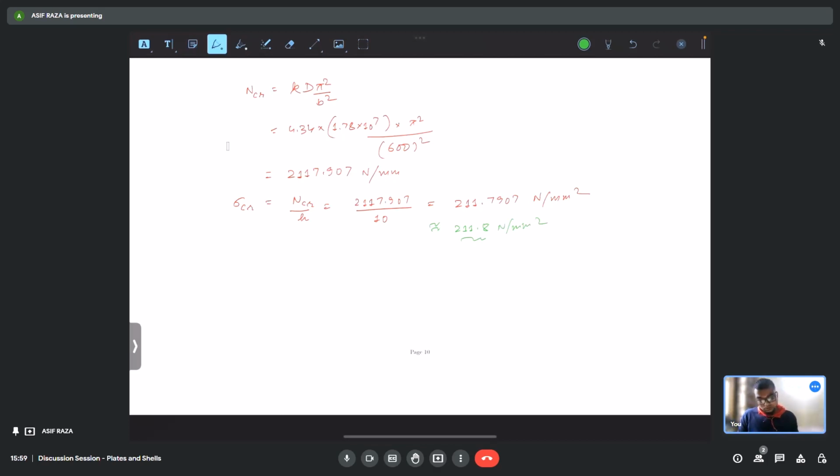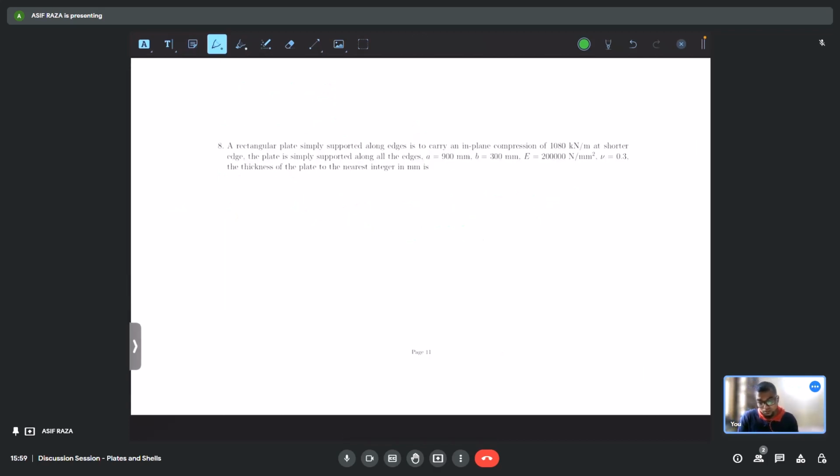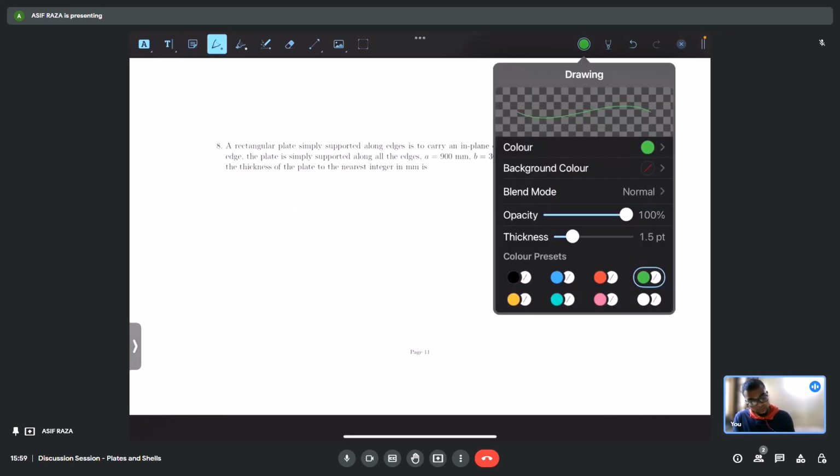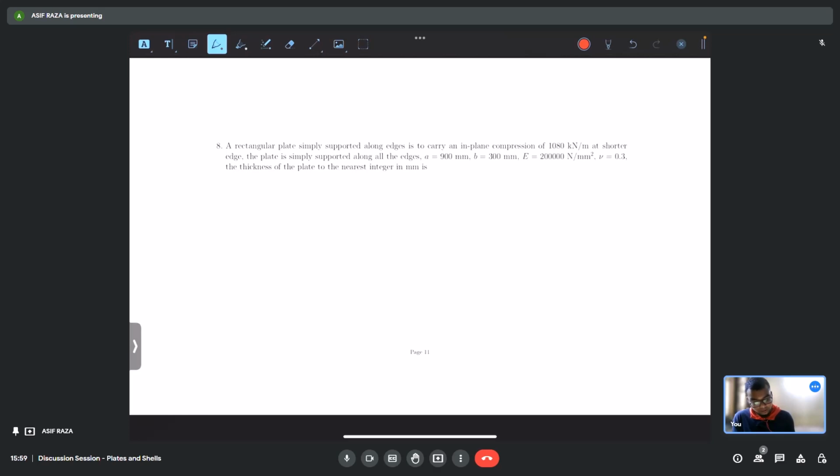Now next question, last question for today's session. There is a rectangular plate simply supported along all edges, to carry an in-plane compression of 1080 kilonewton per meter at short range. The plate is simply supported along all edges. A equal to 900 mm, B equal to 300 mm.